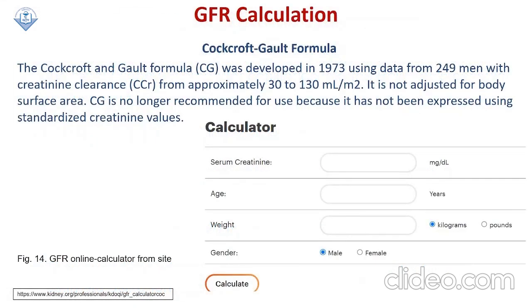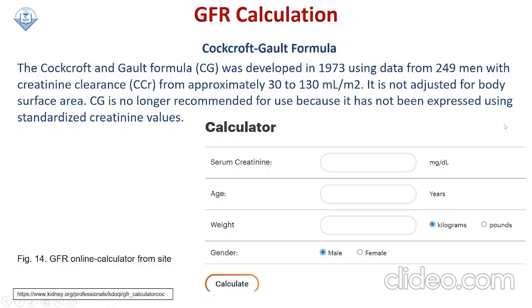The first formula which was given for checking this parameter is the Cockcroft-Gault formula. It was developed in 1973 using data from about 250 men with creatinine clearance with ranges 130 milliliters.